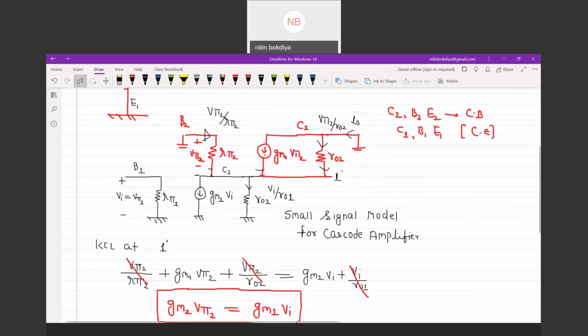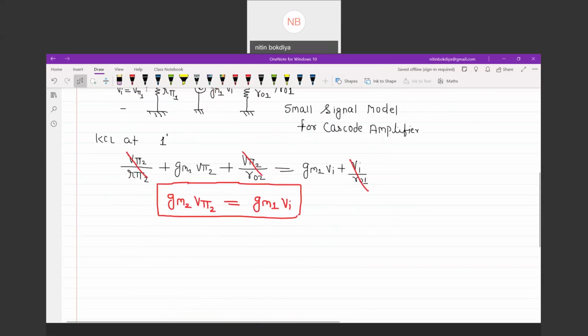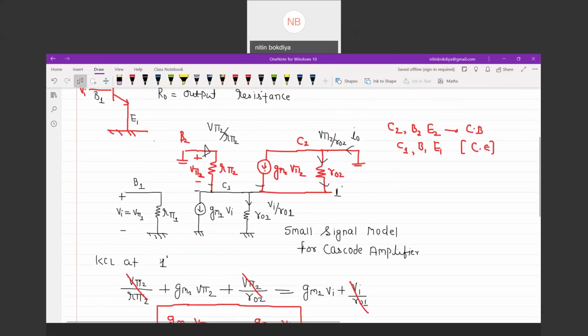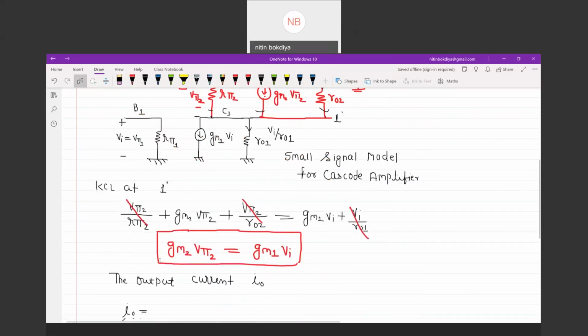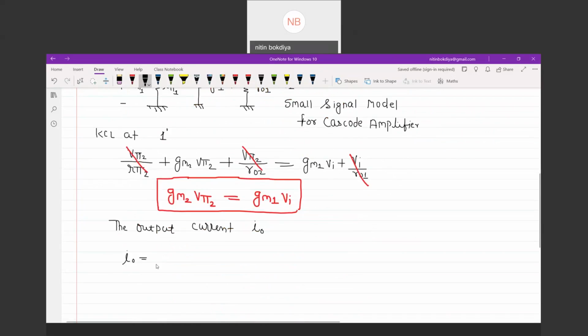So the output current IO is the summation of two things: GM2 into V pi 2 and V pi 2 divided by R02.